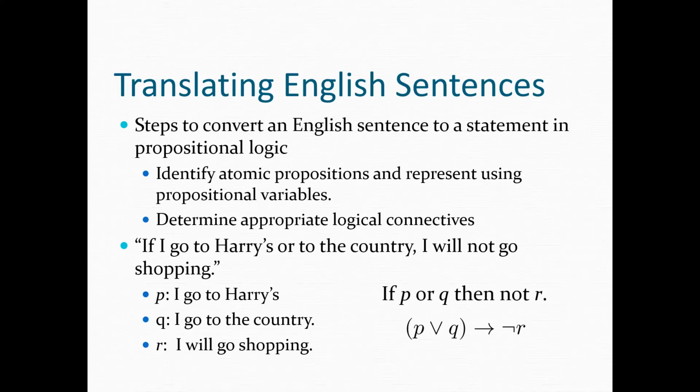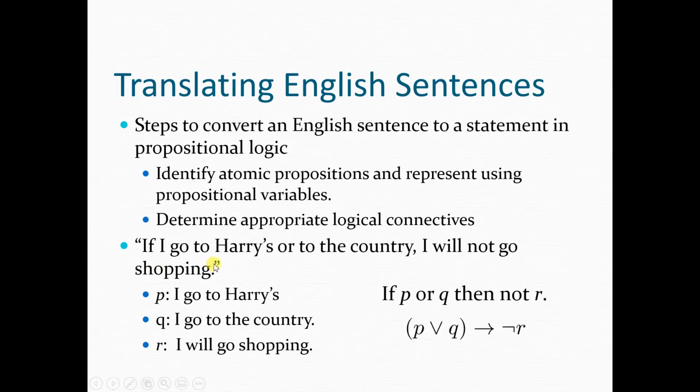That is, if we have a long statement in English, we have to identify small propositions and then represent all these smaller propositions with variables. Secondly, determine appropriate logical connectives in order to convert these sentences into logical expressions. So here is an example.